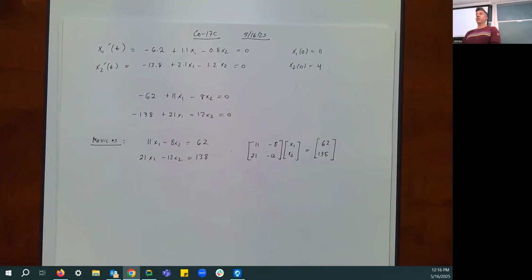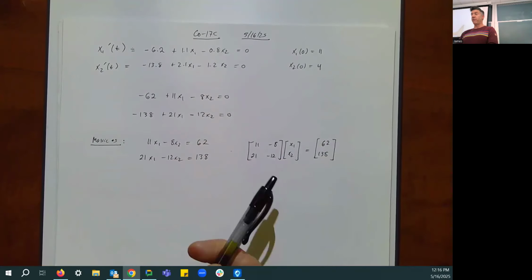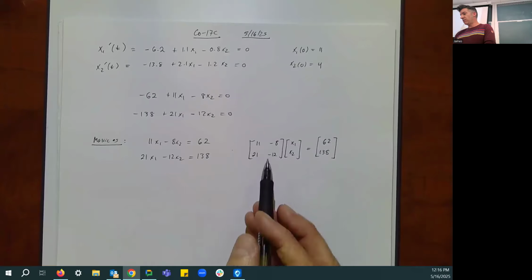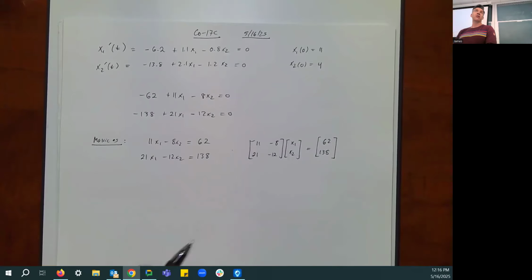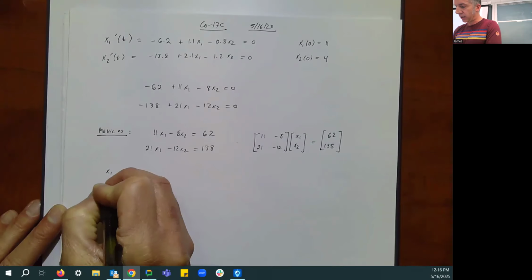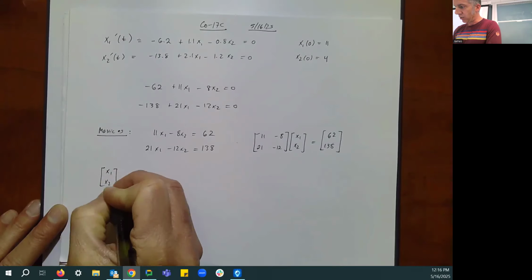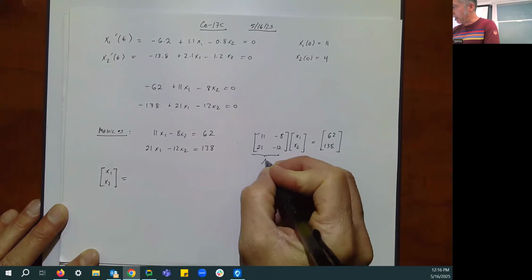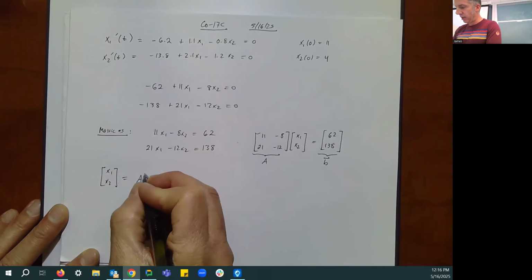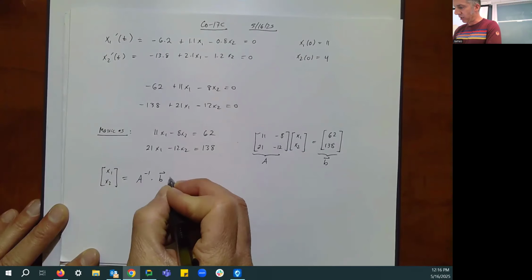To solve this, we multiply both sides by the inverse of that matrix, which should exist, because I'm pretty sure its determinant is not 0: 11 times negative 12 minus 8 times 21 is definitely not 0. So if I call this A and this B, x1, x2 is equal to A inverse times B.